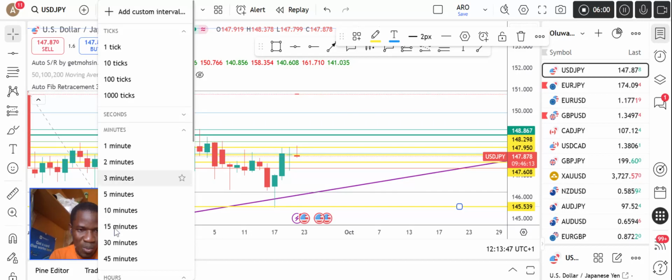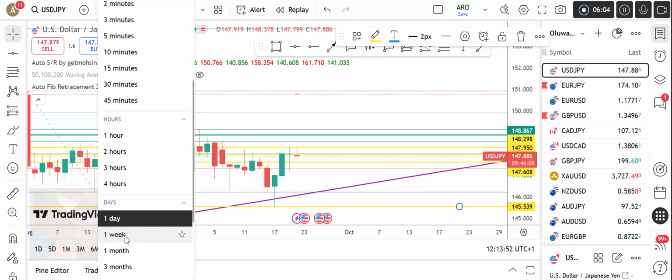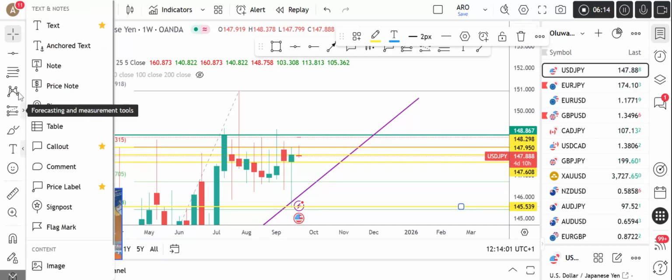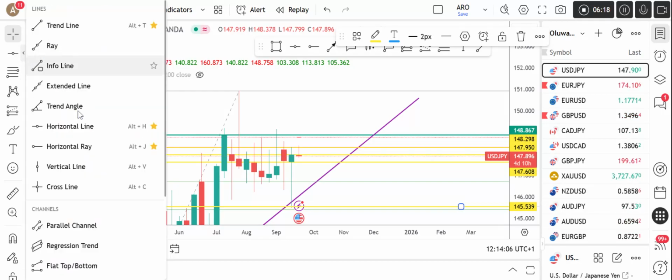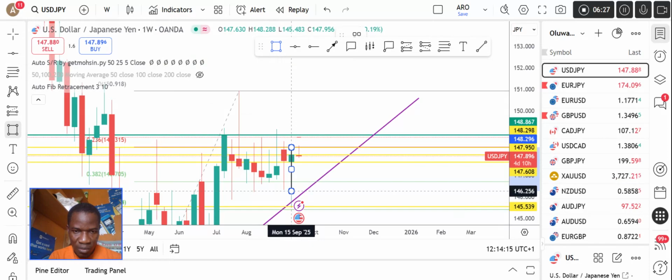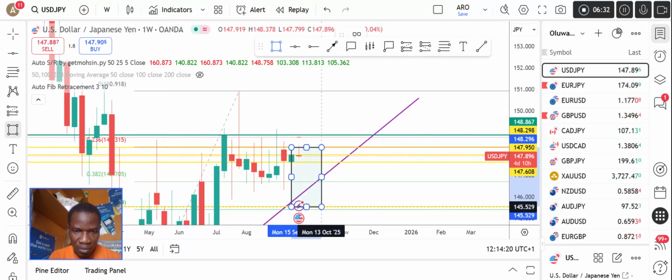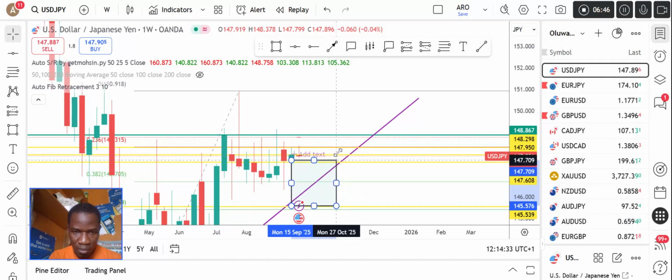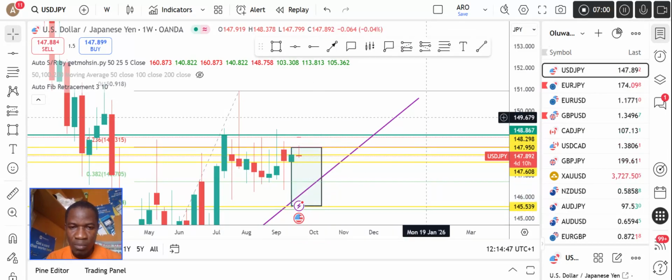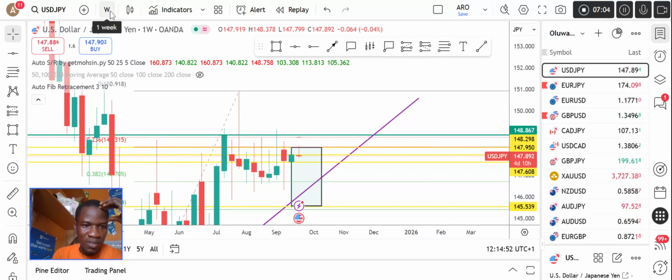Before that, let me first of all do something here to differentiate that particular area of the chart. Okay. So let's go to the daily.